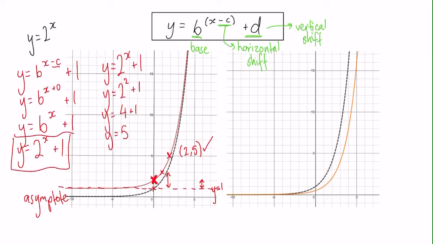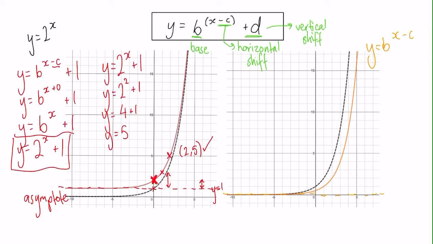And looking at this orange graph, I am going to check, first of all, where is the asymptote? And I'm going to draw my dotted line. Here is my asymptote. That hasn't shifted up or down at all from where it normally is, so I know that there's no vertical shift on the end. So my equation is going to have plus 0, or nothing, on the end there. Now I'm going to check, has there been any horizontal shift?